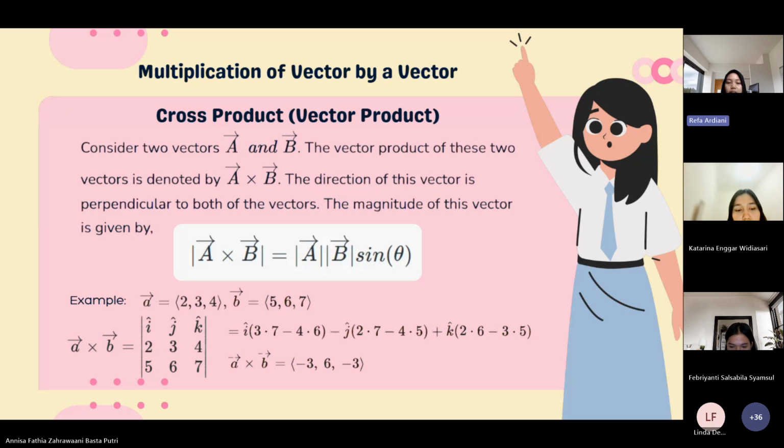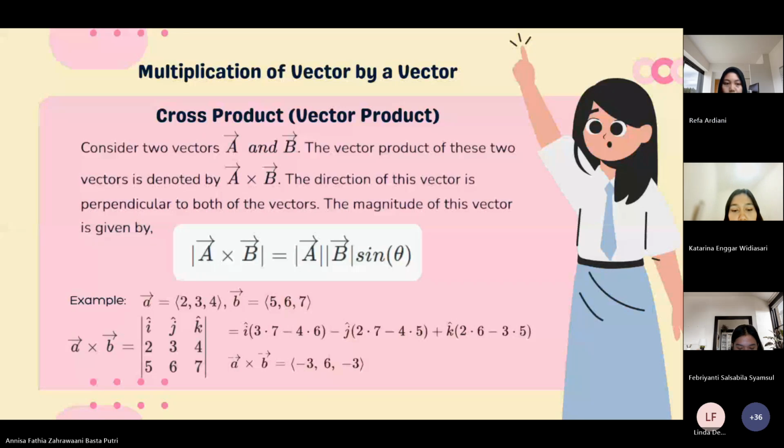Next, calculate the j component. 2 times 7 minus 4 times 5. 2 times 7 equals 14, and 4 times 5 equals 20. So 14 minus 20 equals negative 6.